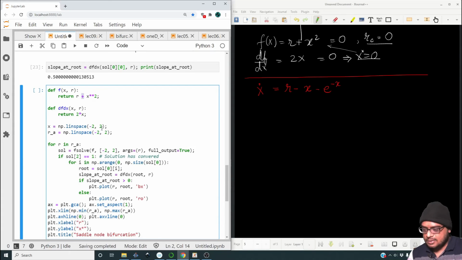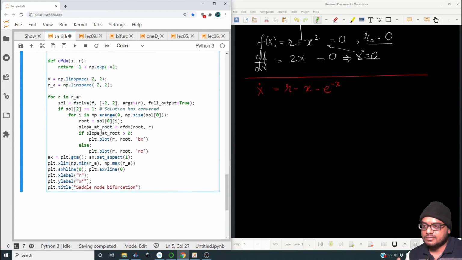This will be r minus x minus np.exp of minus x, and the derivative will be minus 1 plus np.exp of minus x. Let me run this and see what happens.